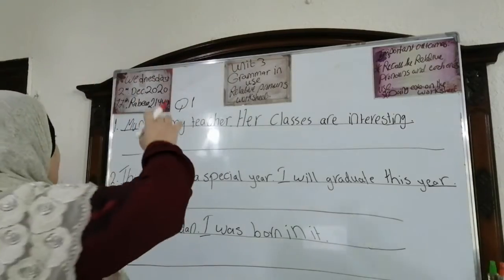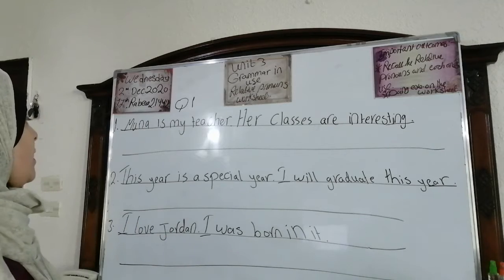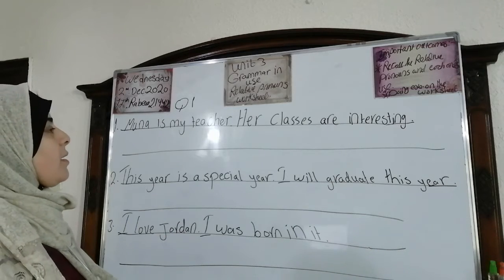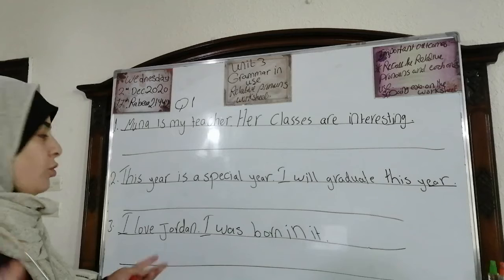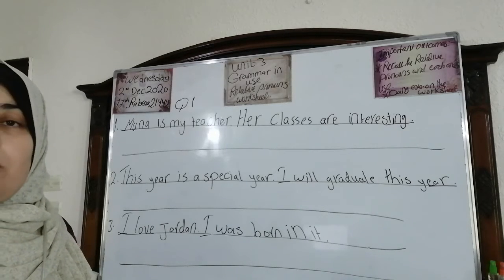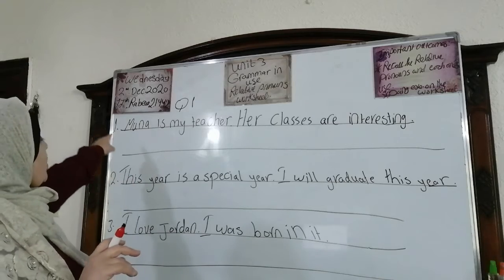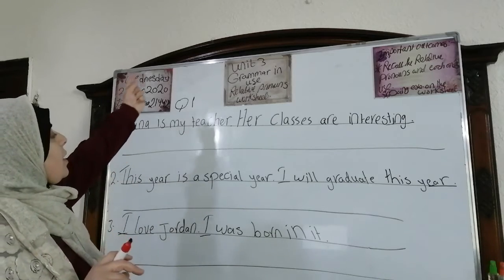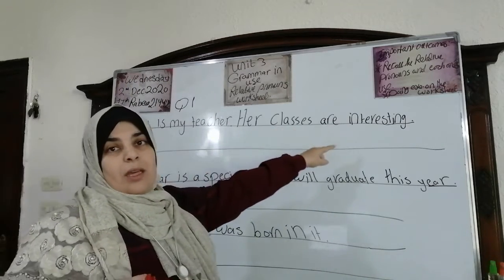Now look at the first sentence. Muna is my teacher. Her classes are interesting. Now we're going to choose a relative pronoun. We're going to use whose. So we say, Muna, whose classes are interesting.